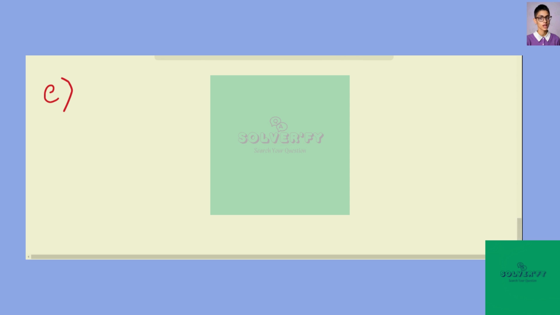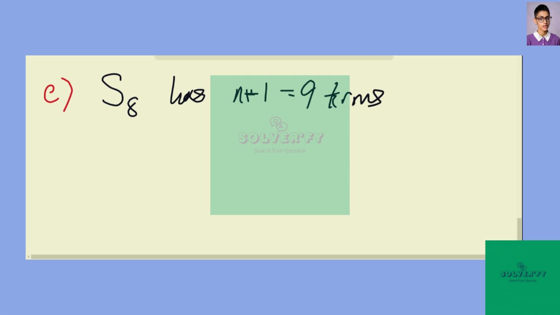We know that S8, our approximation using Simpson's rule, has n plus 1, or 9 terms, just like part A had 9 terms.